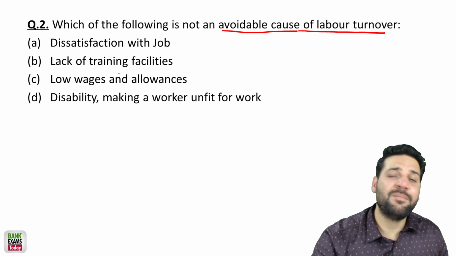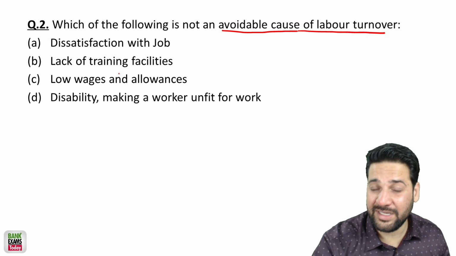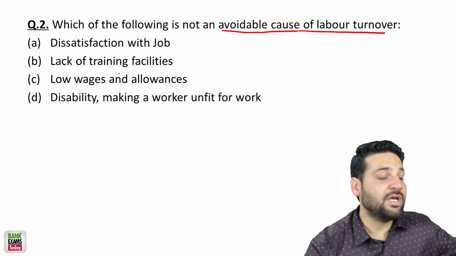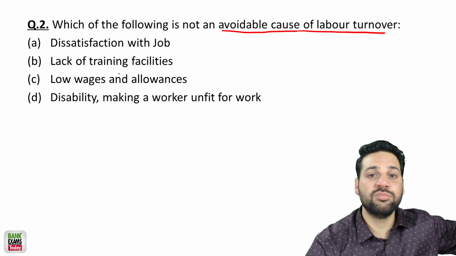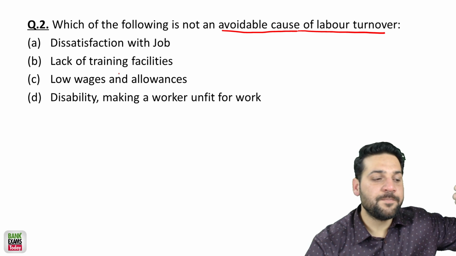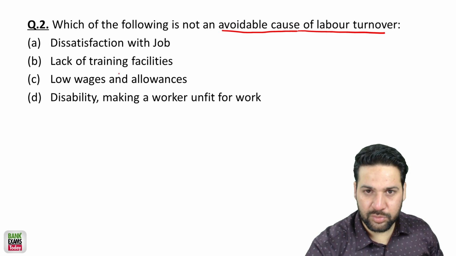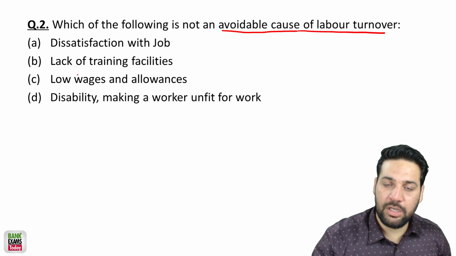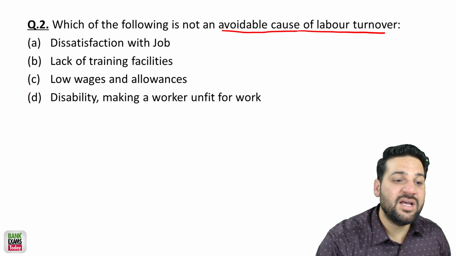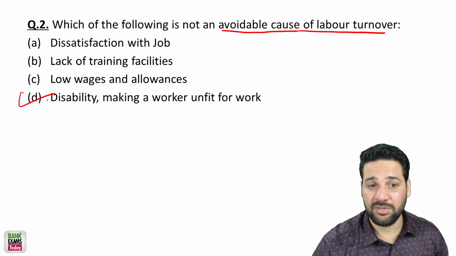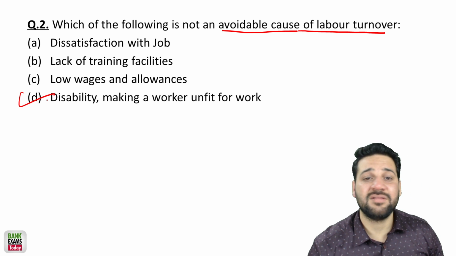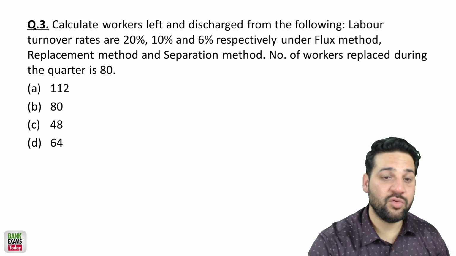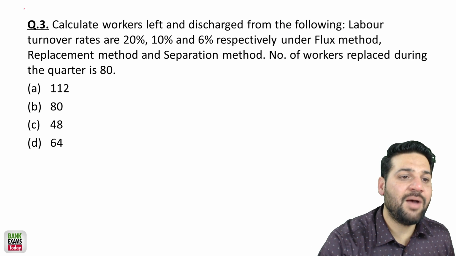Lack of training: if somebody is working in the organization and he's not getting training facilities, and still his boss is asking him to be better at something, he won't be able to do that. He'll be dissatisfied at the end of the day. If somebody is getting low wages and allowances, he's going to leave the job. But if somebody is disabled, the disability is there, that is unavoidable, right? So that is unavoidable.